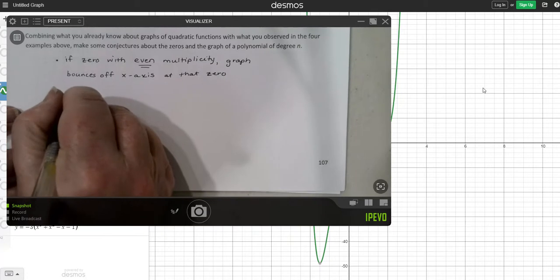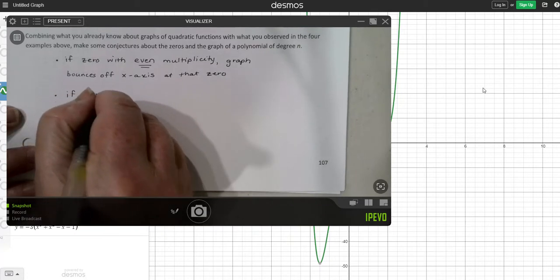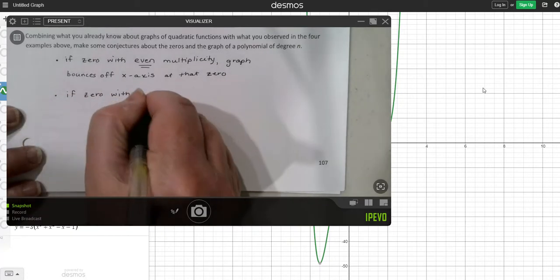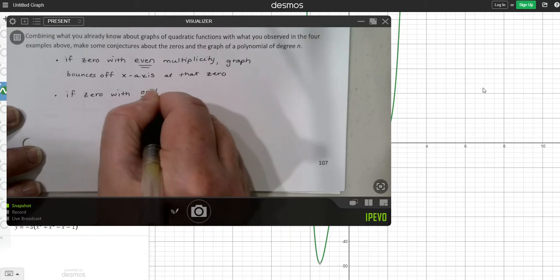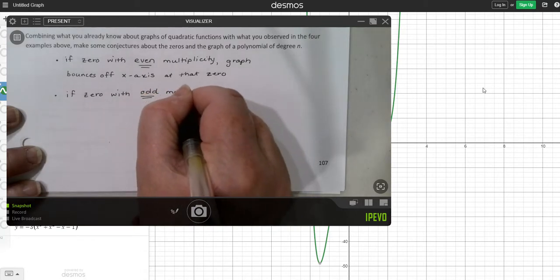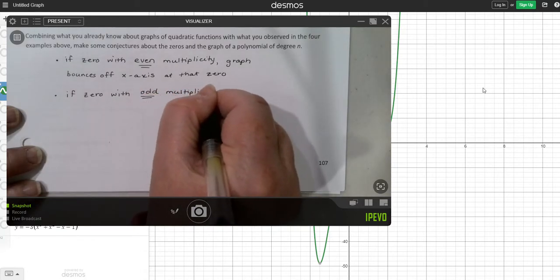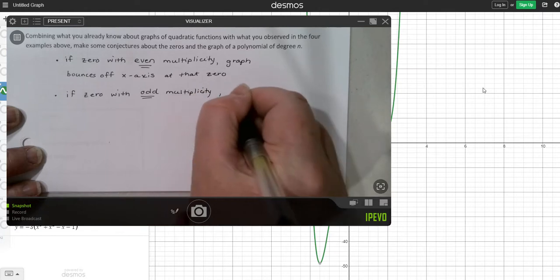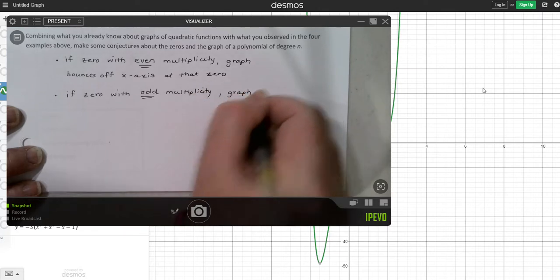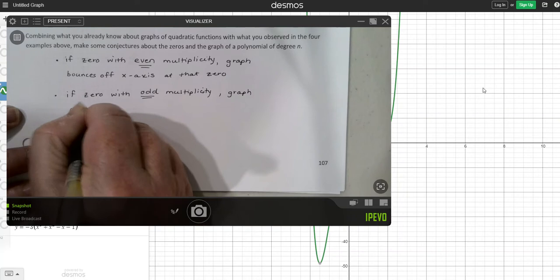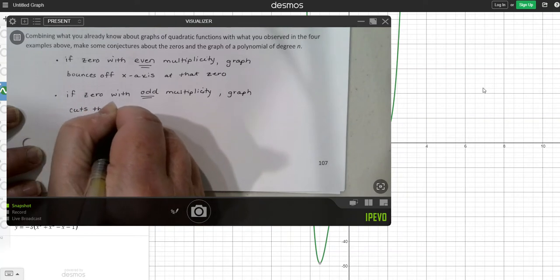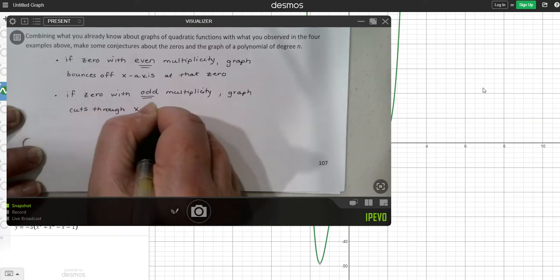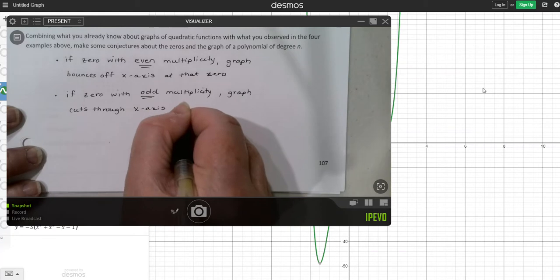But if our 0 had odd multiplicity, then the graph does cut through the x-axis at that 0.